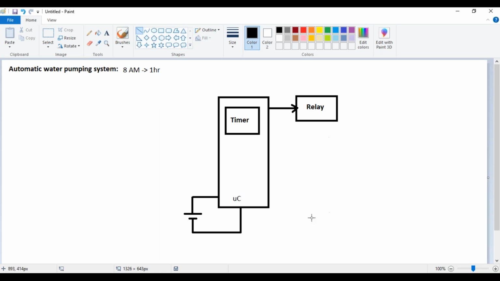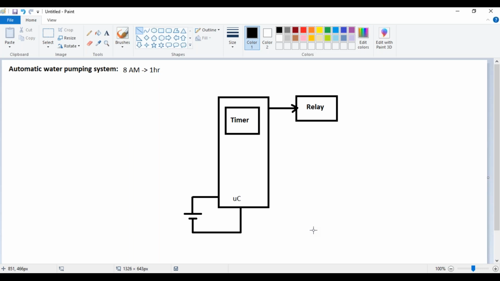Only 1 hour. Exactly at 8 a.m. it has to get the pump turned on, and after a duration of 1 hour it has to be turned off. So my device should be working for a duration of 1 hour in that particular day.